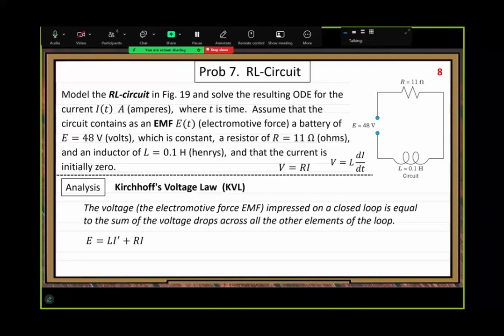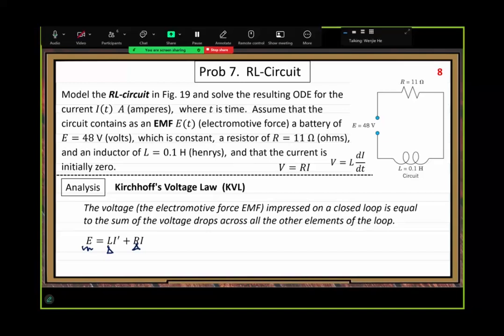E is known, 48. L is known, 0.1 Henrys given. R is also given, 11 ohms. So the only unknown quantity is the electric current I as a function of time t.